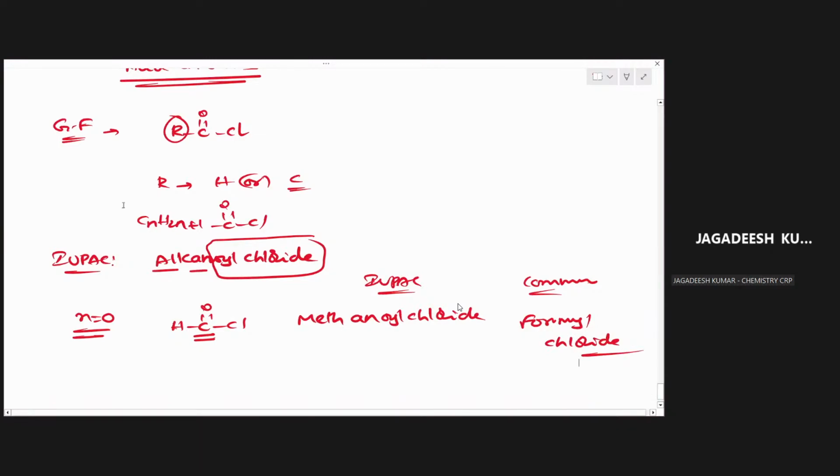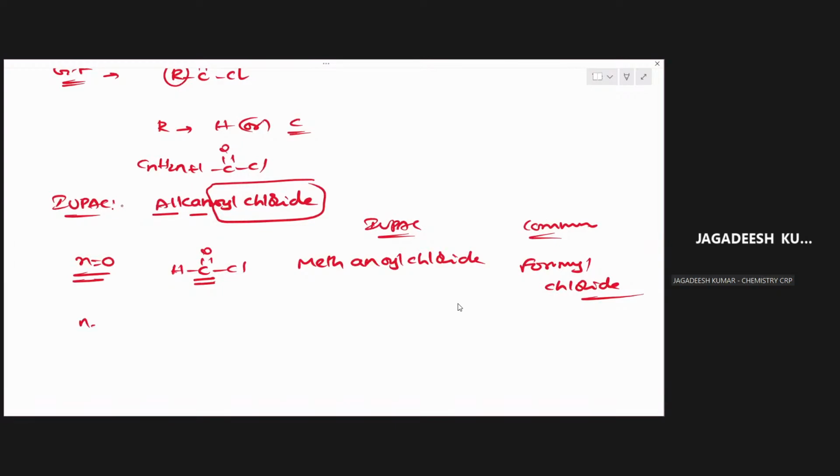So like this, if I'm taking n is equal to 1, then what formula are we getting? CH3COCl. Here two carbons are there in the longest chain. Now here we can write ethanoyl chloride. The common name is acetyl chloride.